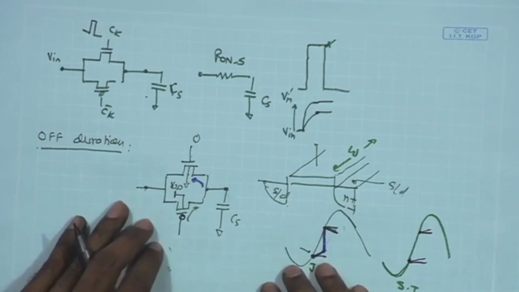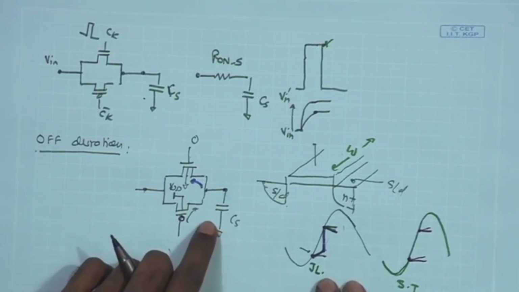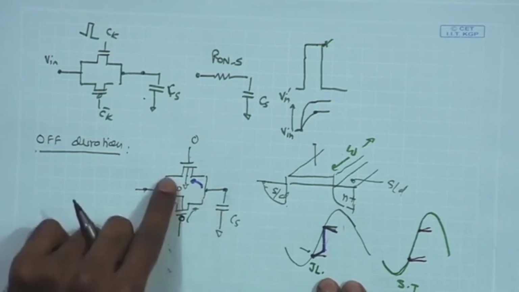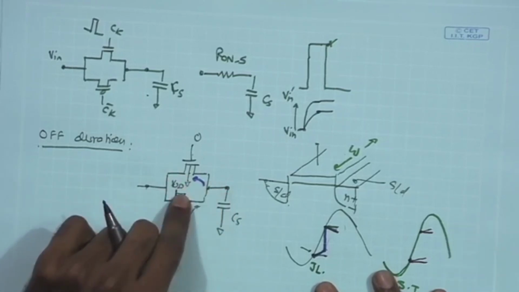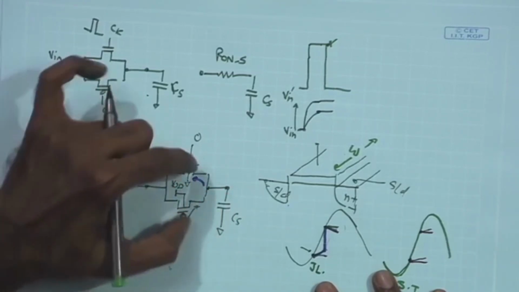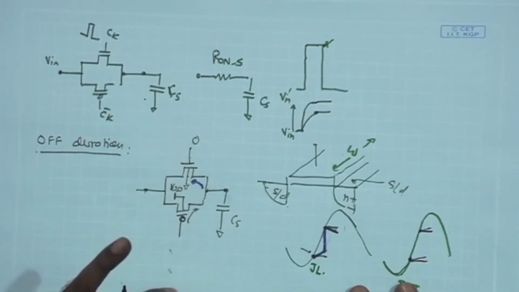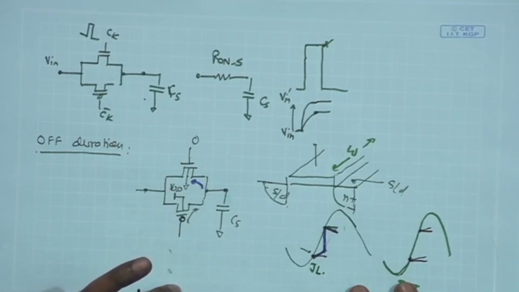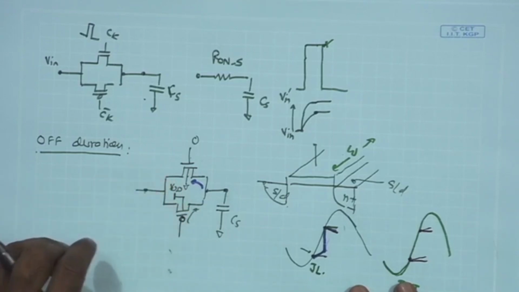And these are the two things which are going to determine the choice of Cs, for example, the sampling capacitor dimension. If I choose Cs to be too small, even if you have minimum size transistors, it will lead to larger and larger droop. In our case, for example, we are looking at a relatively lower sampling frequency, and if I talk about the on resistance of even a minimum size transistor in 180 nanometer CMOS technology, it will be not more than 10 kilo ohm.